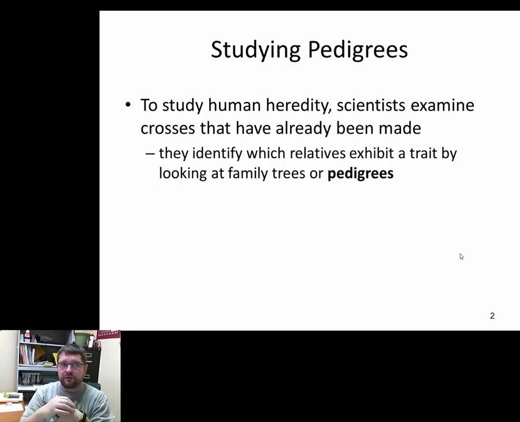For example, the royal family of Britain passes hemophilia on, and it has for a long time. We can track hemophilia through the royal family, and we can potentially see where it started, who was the first of the kings or queens to have it, and how it got passed on.